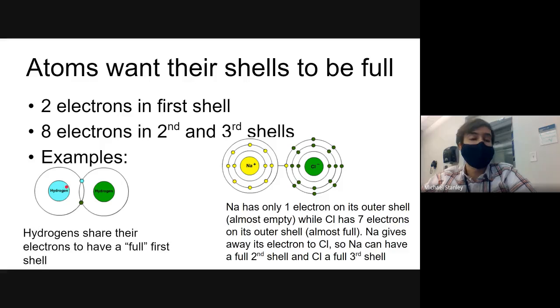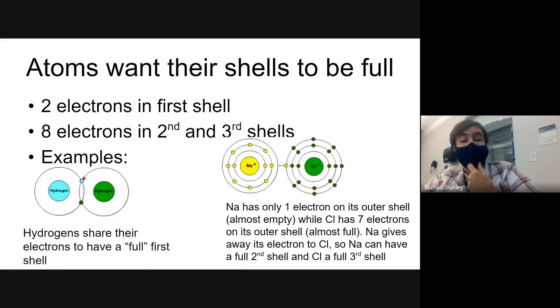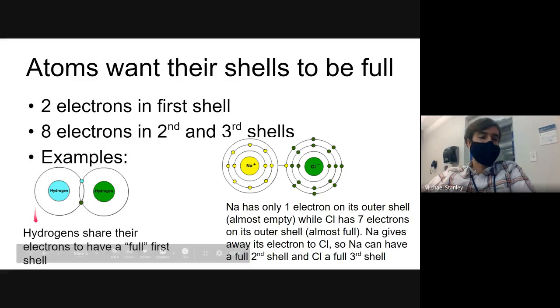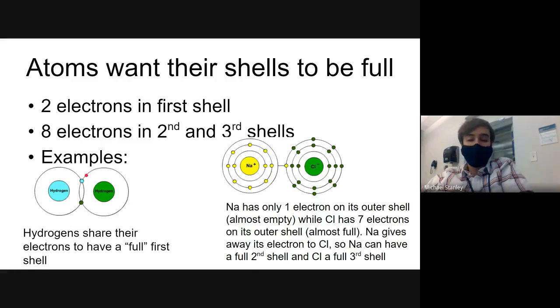The reason why that happens is that one hydrogen that has 1 electron on its first shell and another hydrogen that has 1 electron on its first shell will basically share their electrons with each other so that they both feel like they have 2 electrons on their outer shell. And that makes them happy because they want 2 electrons on that first shell. So some atoms do it this way, where they'll share electrons in order to make a full shell.